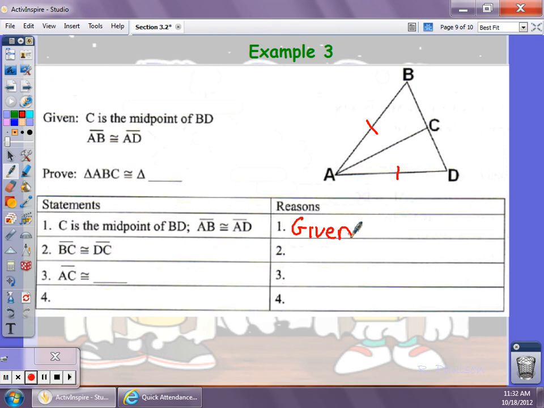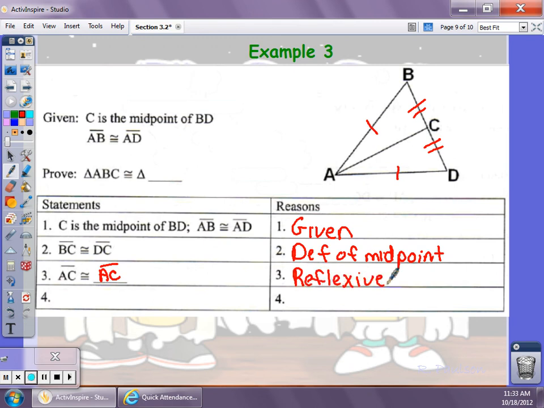Because C is the midpoint of BD, I can now say that BC is congruent to DC based on the definition of a midpoint. So I'm going to write definition of midpoint. And then I'm also going to mark in my diagram that BC is congruent to CD. The other thing I'm going to notice is that AC must be congruent to itself based on that reflexive property.